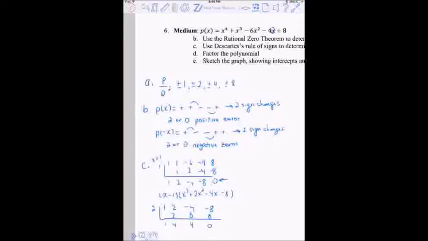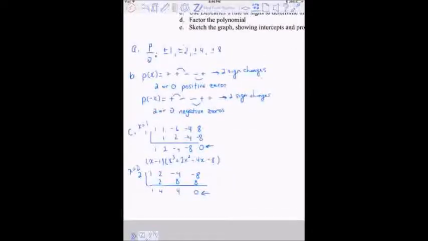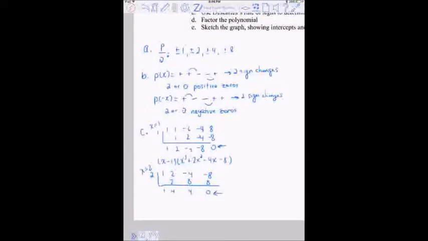And got another remainder of 0, which means another 0 is x equals 2. So now I've got 2 factors. I've got x minus 1, and then now I've got x minus 2, and then these coefficients are the coefficients of the remaining factor, x squared plus 4x plus 4.